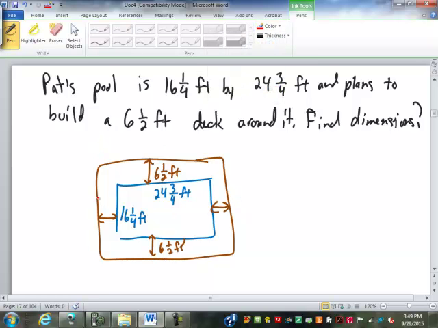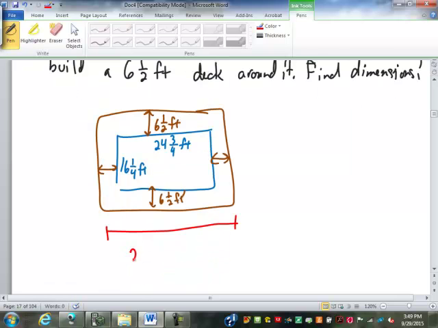So to find this dimension here now, it's going to be 24 3/4 plus what? 6 1/2 and another 6 1/2, which comes out to be 37 3/4 feet.